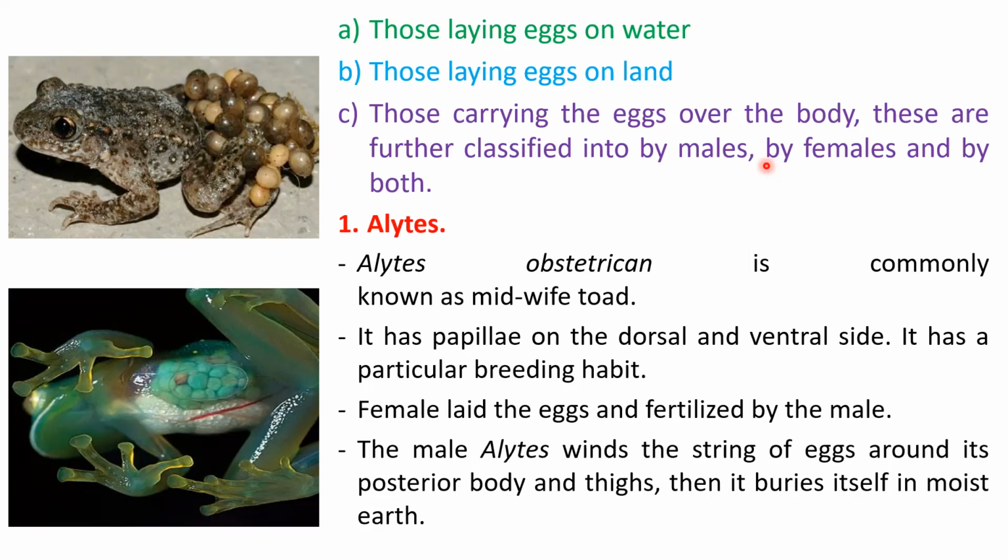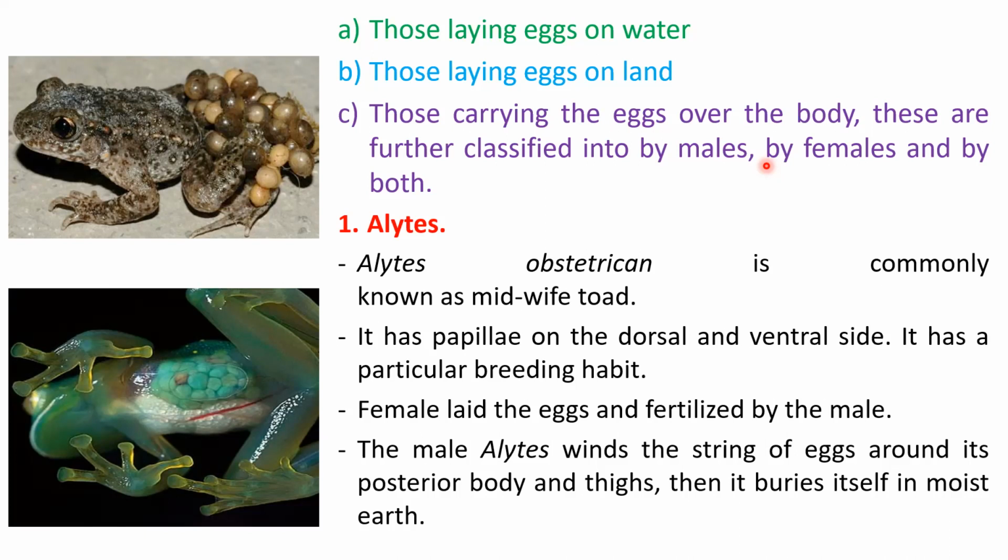In this example, particularly, we can see how the male and female frogs take care of their young ones. When the female lays the eggs, these eggs are fertilized by the male. The process of fertilization is done by the male.